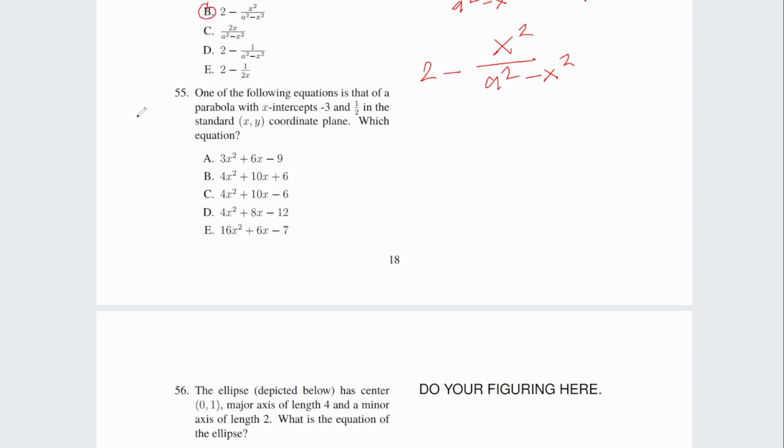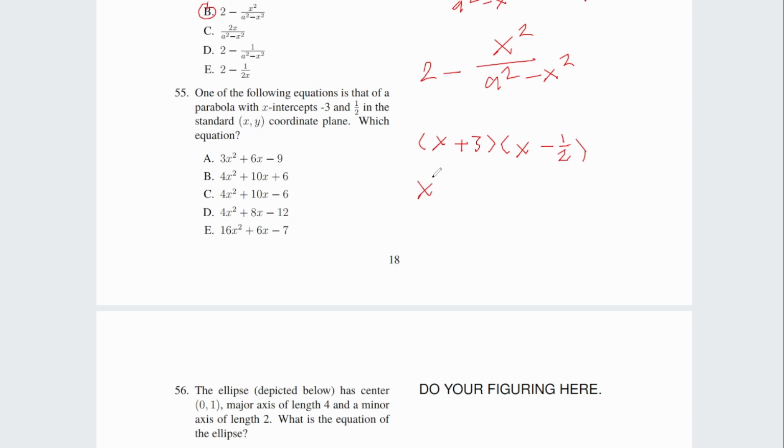Or, in other words, the factors are going to be x plus 3, right? A 0 at minus 3, and x minus 1/2. These are our factors. We're going to find something that's a multiple of this, or maybe just this.